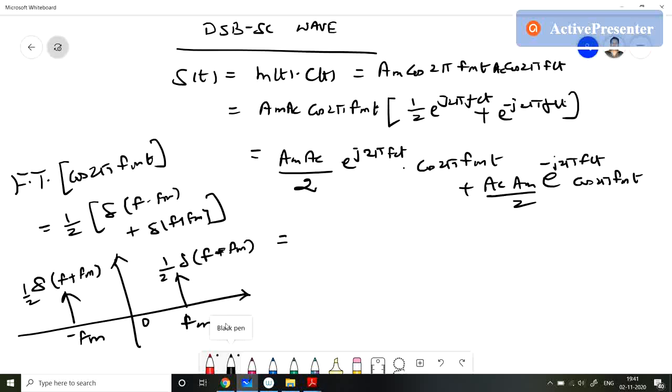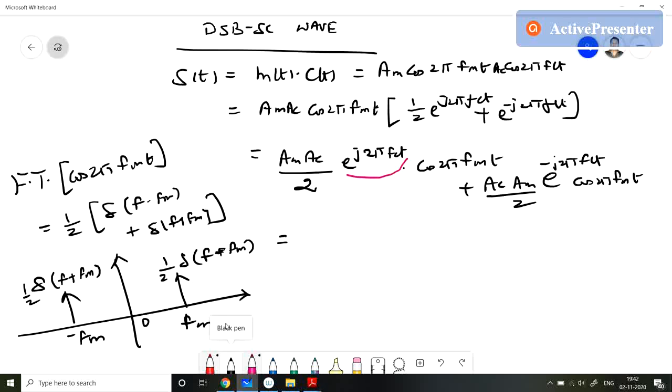What the frequency shifting property says is that since we have multiplied here by e raised to the power j2πfc t, all these things will shift, and here we have multiplication by minus j2πfc t, so all these things will shift to plus fc in this case and minus fc in the other case.